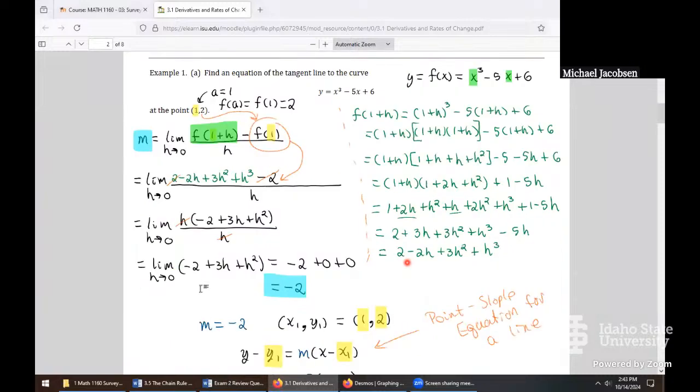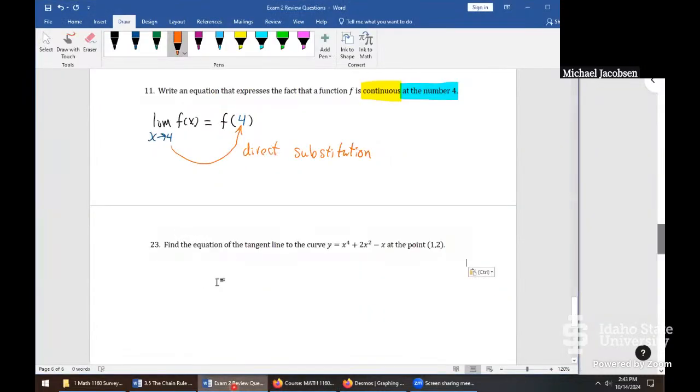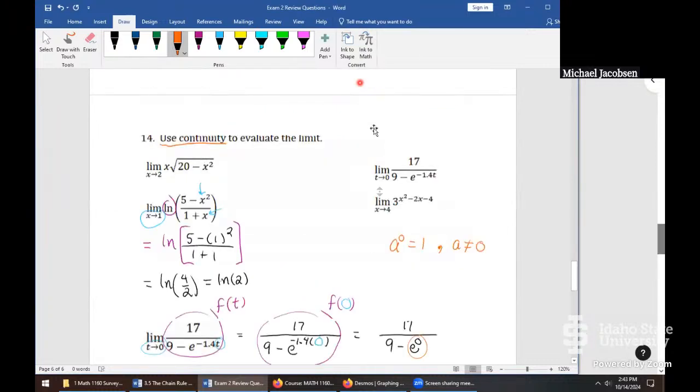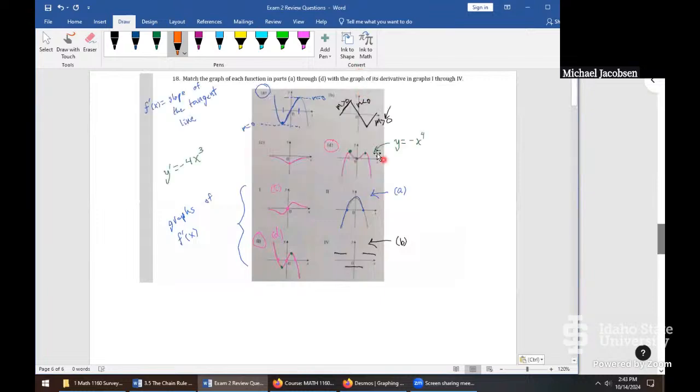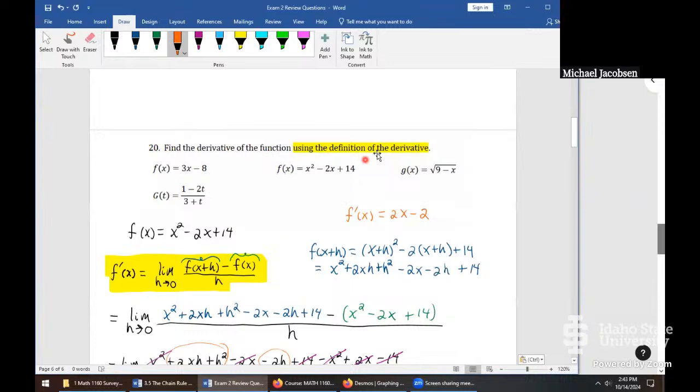But the promise with these problems on the exam is that the only time you ever have to use the definition of the derivative is if the instructions look like this: explicitly have to use the definition.